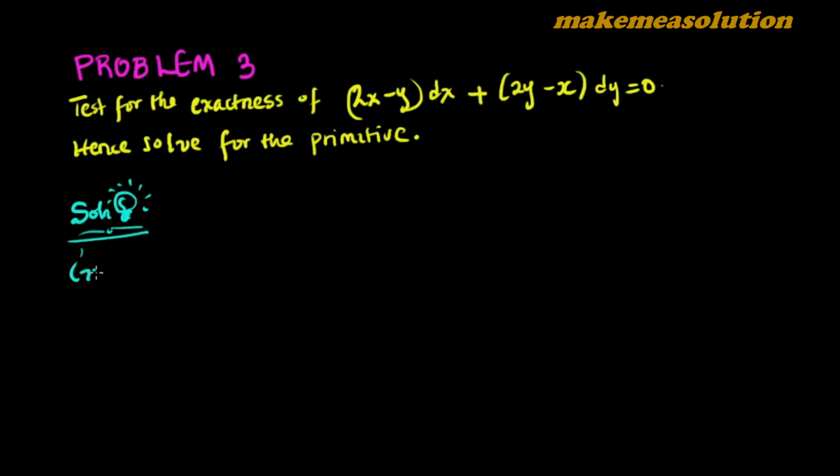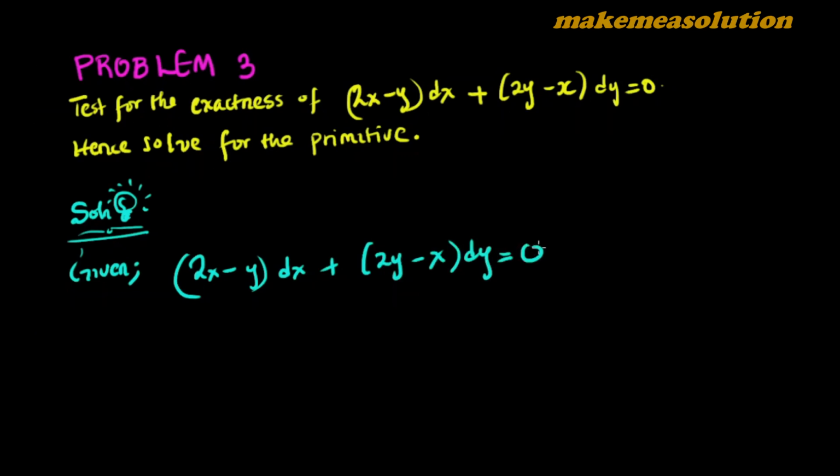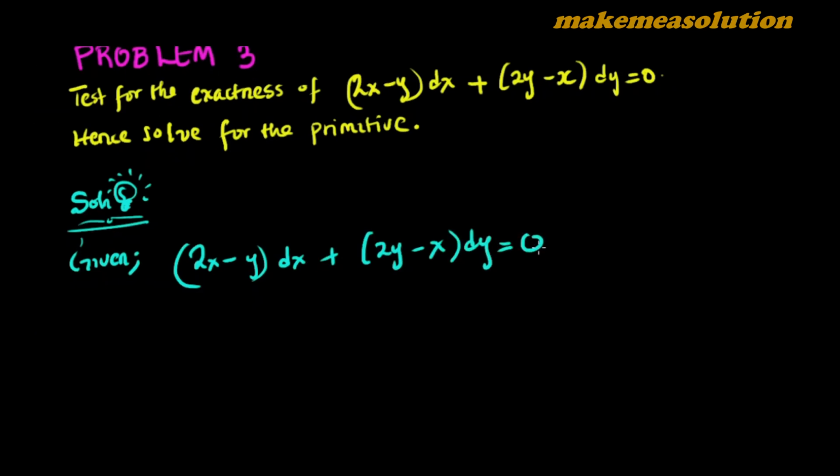So we are given 2x minus y dx plus 2y minus x dy equal to 0, and we want to test for its exactness. So step 1 is test for exactness.